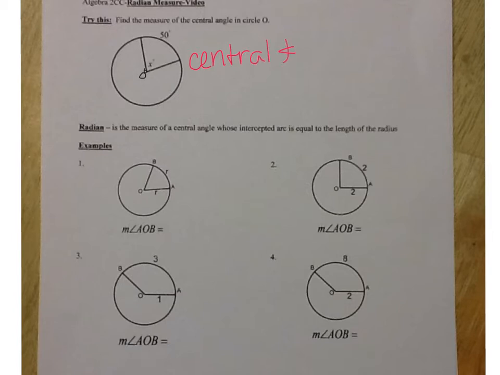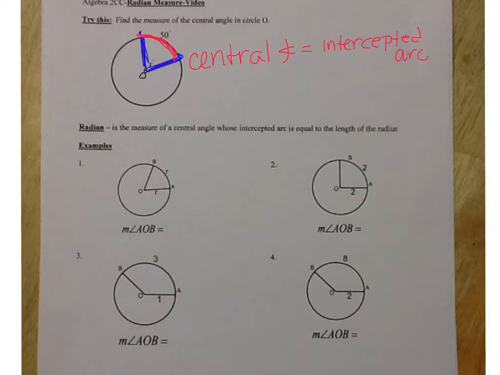And hopefully you remember that central angles are equal to its intercepted arc. So if you draw your angle out to the edge of the circle, its intercepted arc is the arc that's between the two sides, the rays, of the angle.